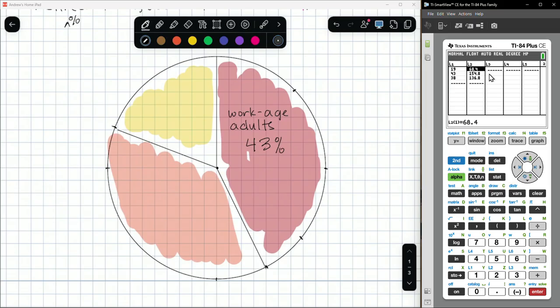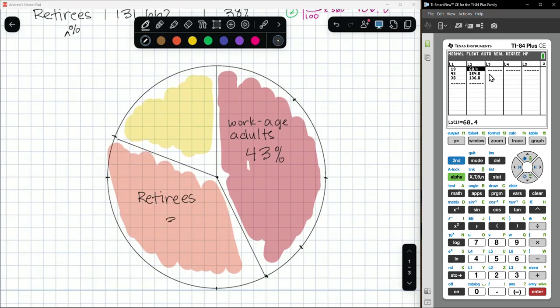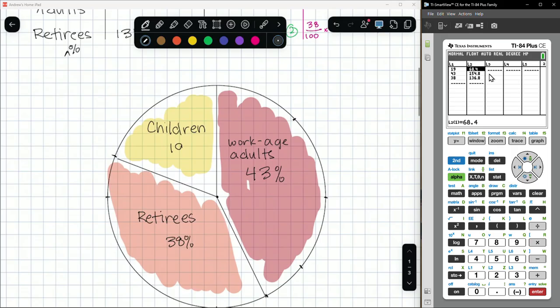The next section was retirees, and retirees were 38%. And then the last was children, and children were 19%.